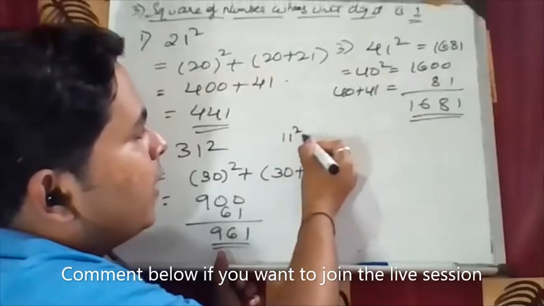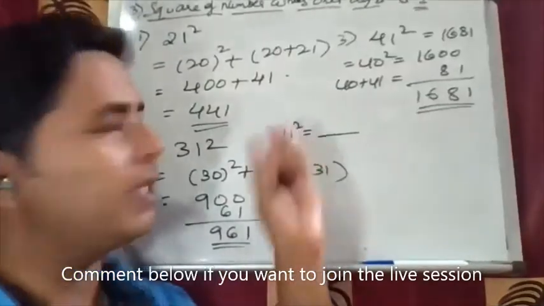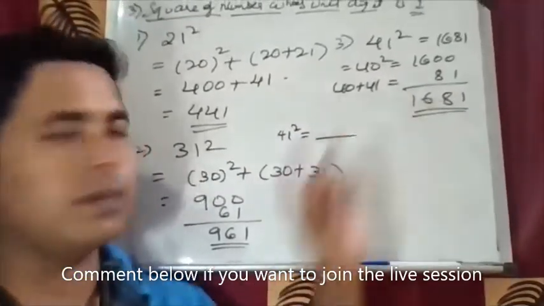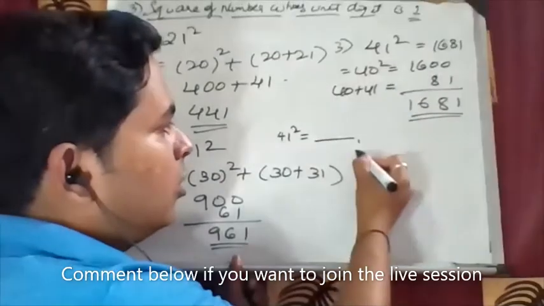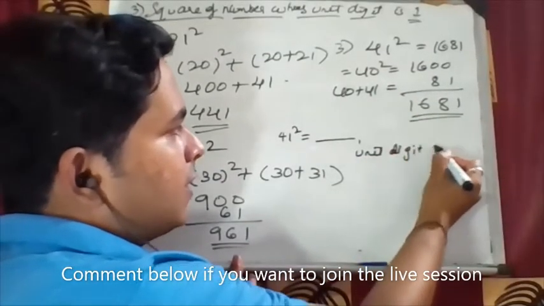If 41 square is something, what is the unit digit in the answer?